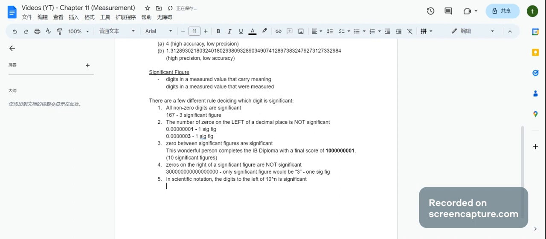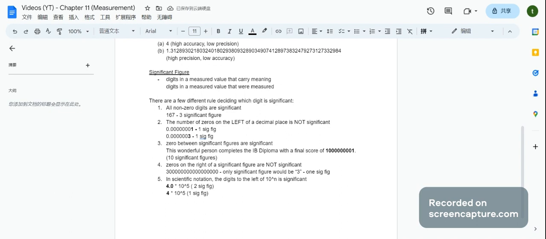So for example, if we have this, in this case, both 4 and 0 are significant because they are to the left of this. So in this case, this would have two sig figs. However, if you modify it slightly and write it like this, you can see that there's only one sig fig to the left of 10 to the power of n, which is 4. In this case, there's only one sig fig.